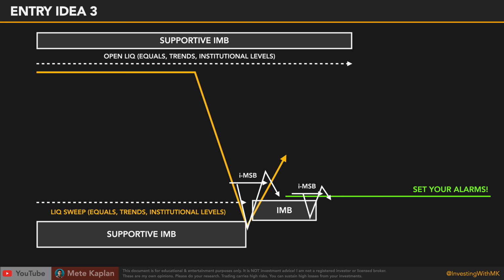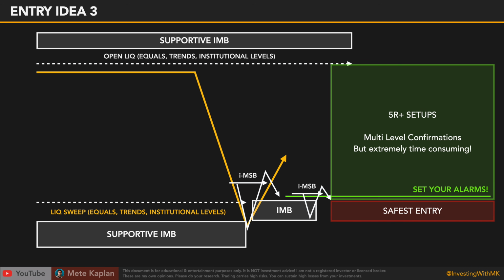You can confirm the reactions, or you can even confirm more micro MSB here. These are the best styles of trading. This style is mostly for full-time traders. Busy or hardworking people can still do it with alarms, but the process is time-consuming.